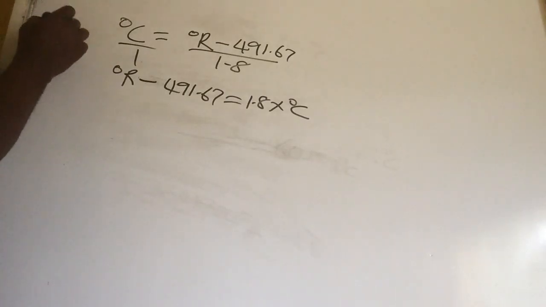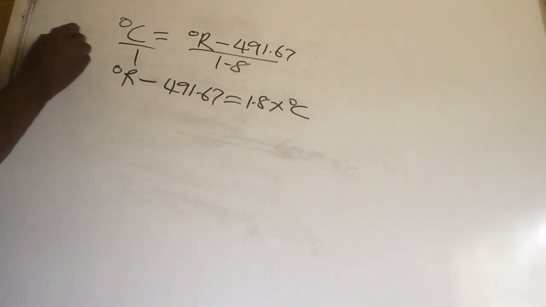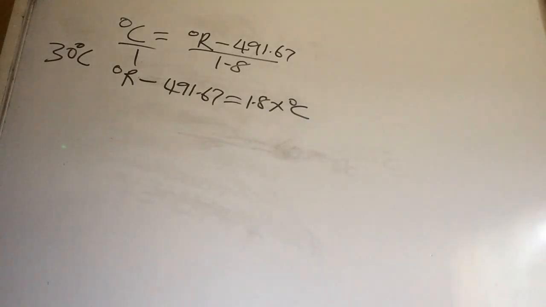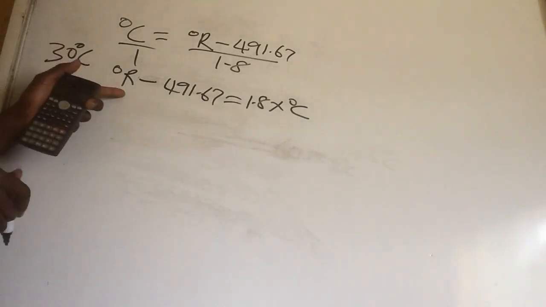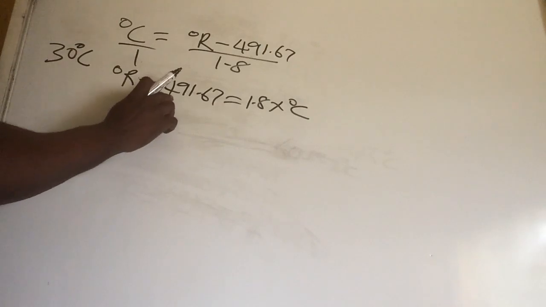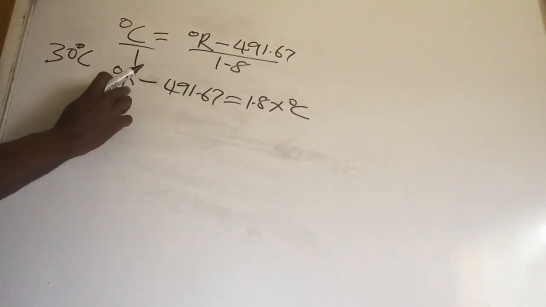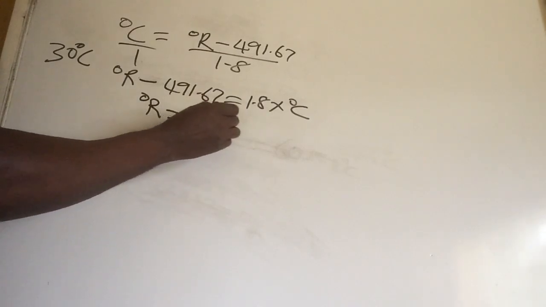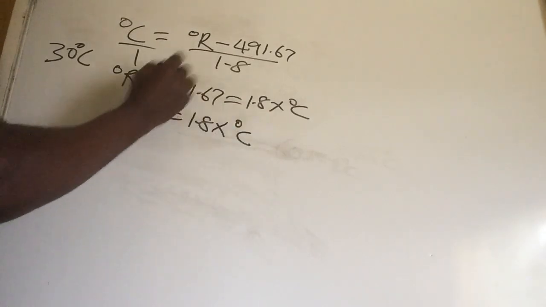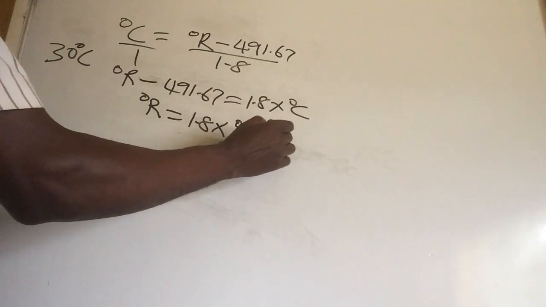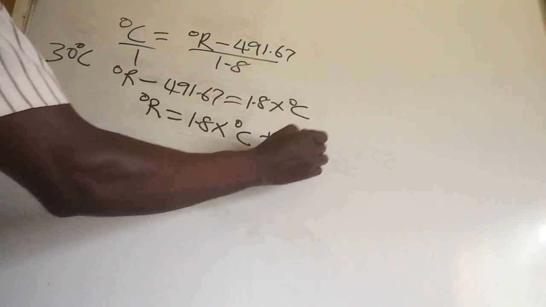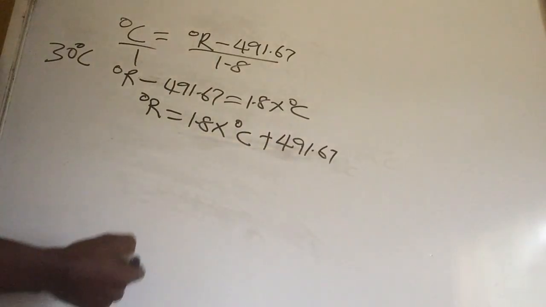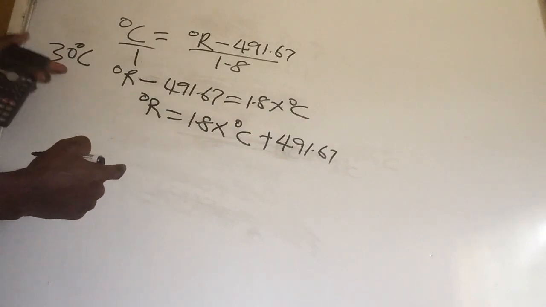Maybe you have 30 degrees Celsius and you want to convert it to Rankine. Take this number to the other side to make Rankine the subject of the formula. We have Rankine equals 1.8 times degrees Celsius, and when this number comes to this side, it becomes plus 491.67. So we have 30 degrees Celsius.